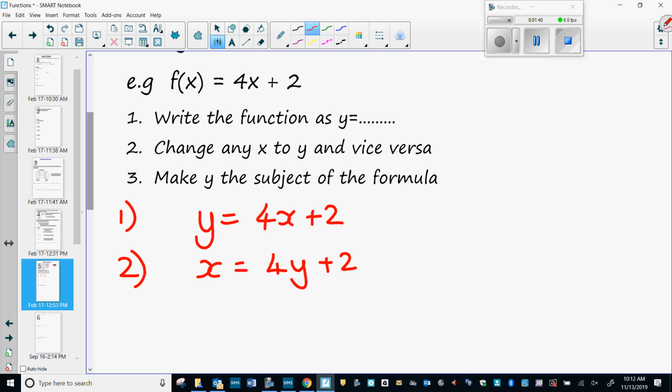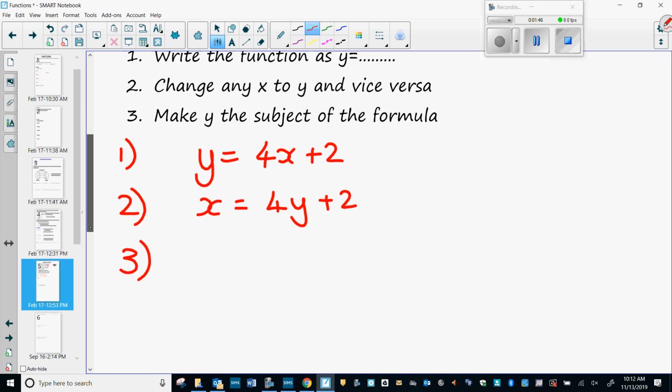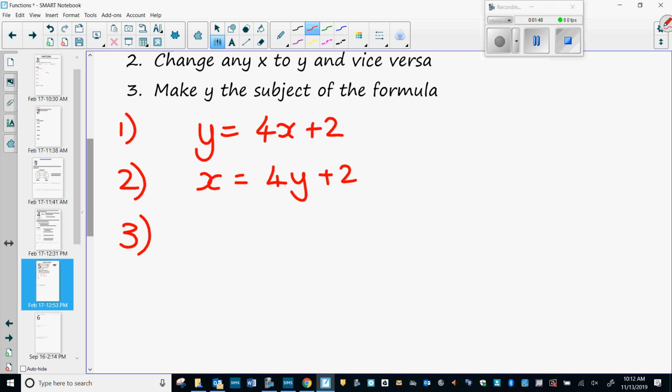Now you're going to rearrange and make y the subject. So this is the hard stuff. y was the subject, but then we changed our letters around, and now we have to rearrange it.